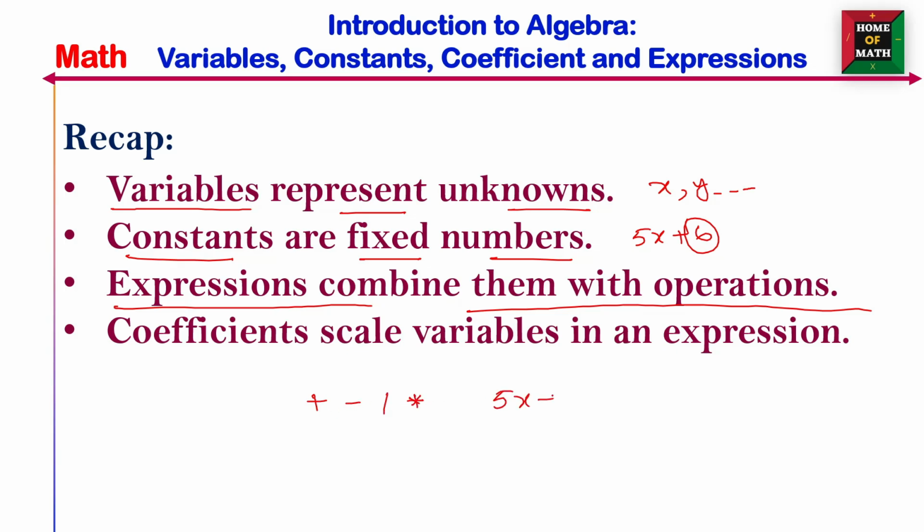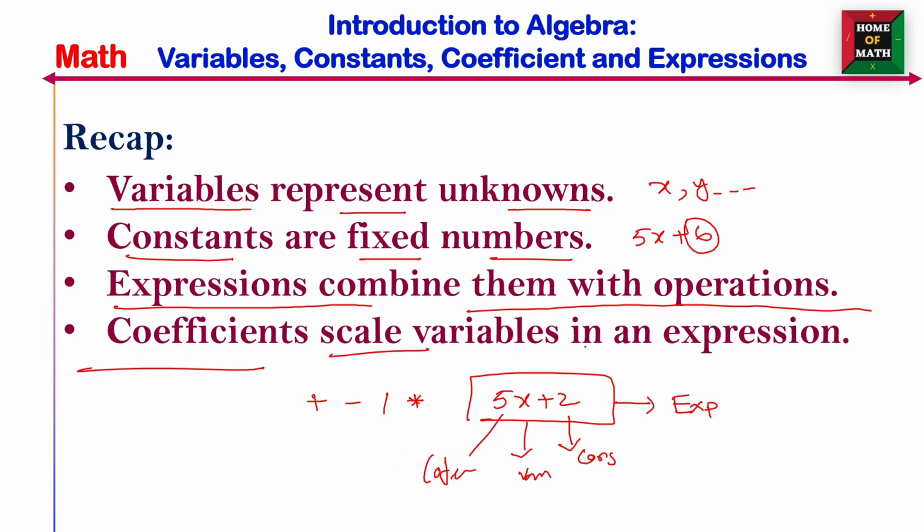Suppose 5x plus 2, we can say it's an expression, and 2 is a constant, x is a variable and 5 is a coefficient. Coefficients scale variables in an expression, already discussed here.